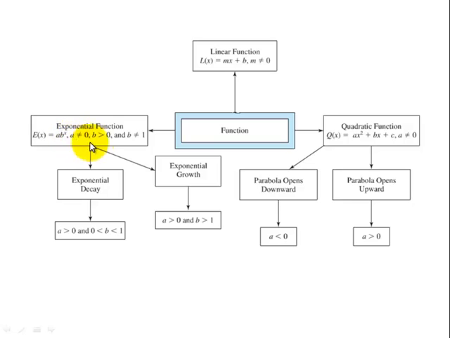A cannot equal 0, b has to be a positive number, and it can't equal 1. If it's exponential decay, a is positive and b is in between 0 and 1. If it's a growth, a is positive and b is greater than 1.